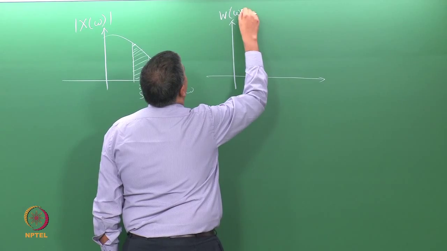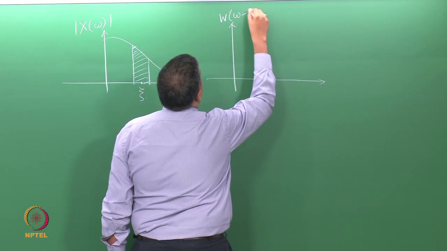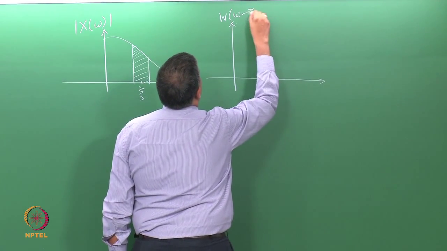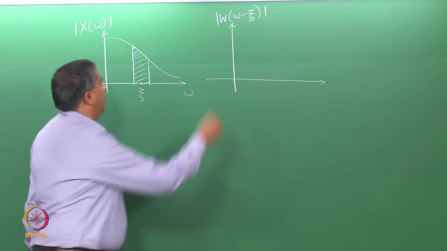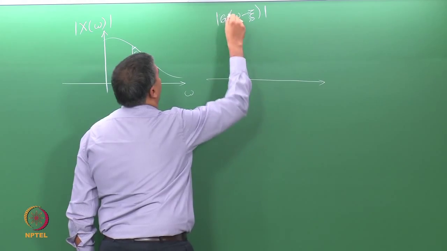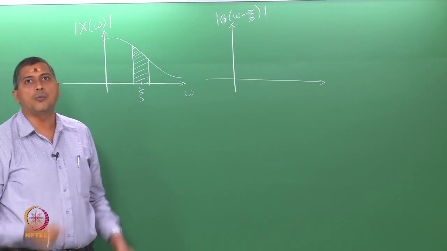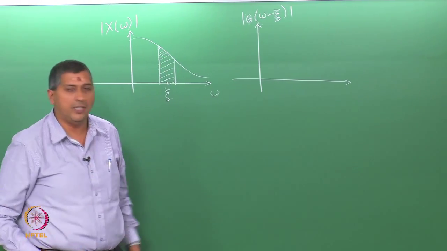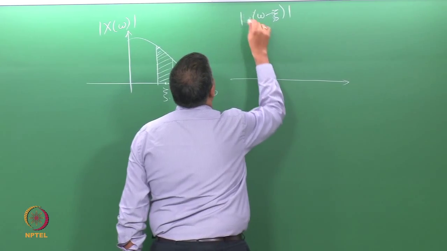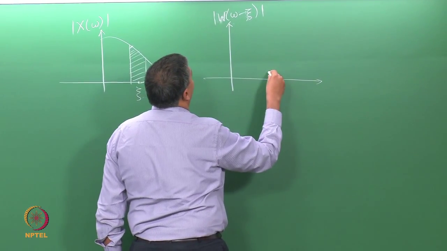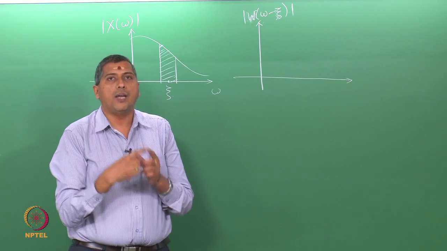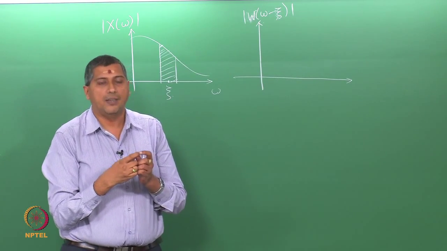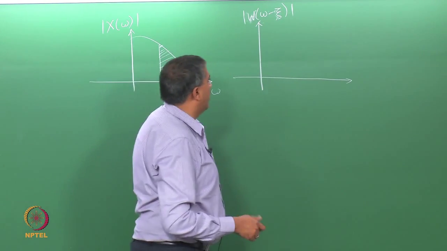So, this is the magnitude of the window g that I have, or the window itself. There is no difference between the magnitude of g and w, we have seen that earlier. So, I might as well say this is the window itself. Typically I choose a window that has finite width, we have discussed this earlier, that is the purpose of the short time Fourier transform.